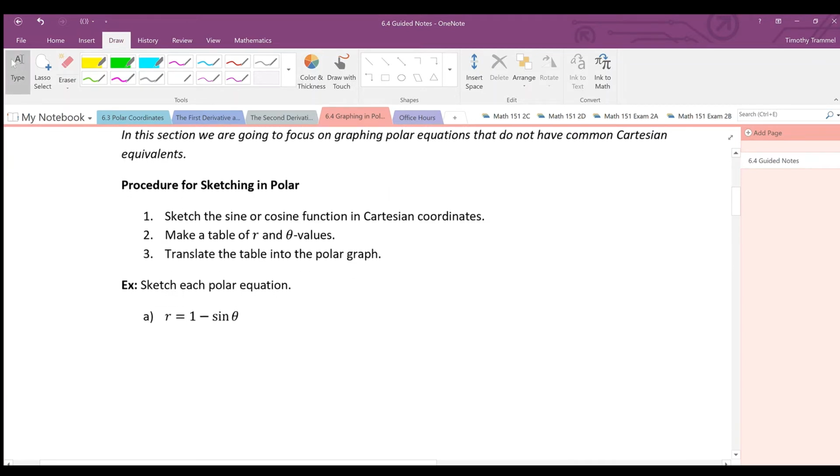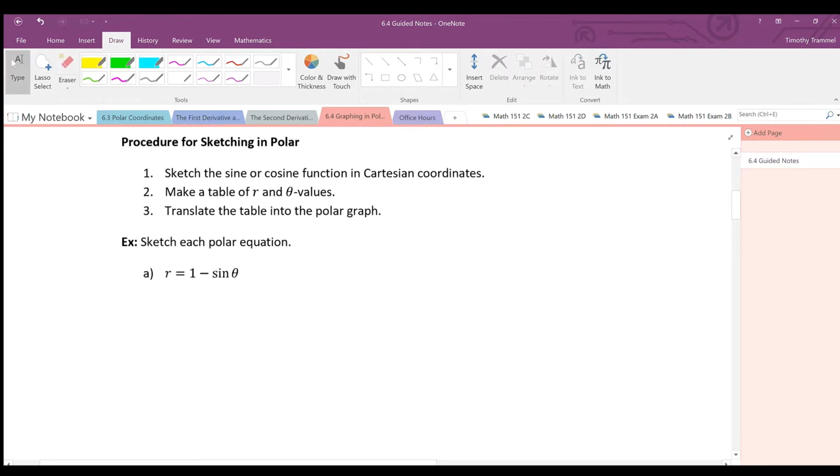So our first step is to sketch the sine or cosine function in Cartesian coordinates. Being able to graph y equals 1 minus sine of x will be helpful here. After you do that, you'll make a table of values, and we'll take those values to help us create our polar graph.